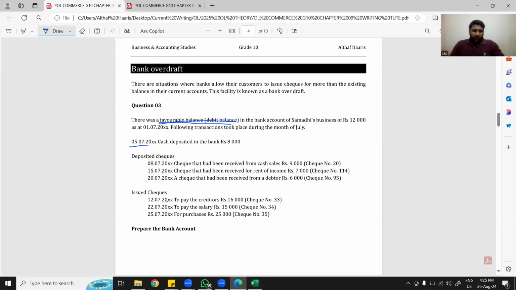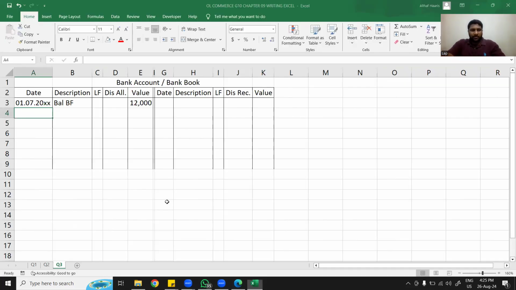Then on 5th July, deposit in money. So cash will decrease, bank will increase by 8,000. Write the other account's name, cash. Cash will decrease, bank will increase. Cash credit, bank debit. Done.